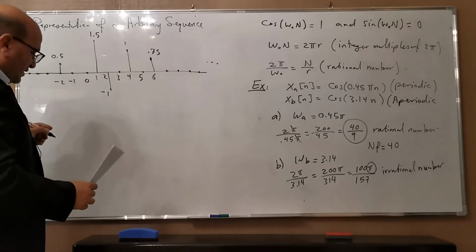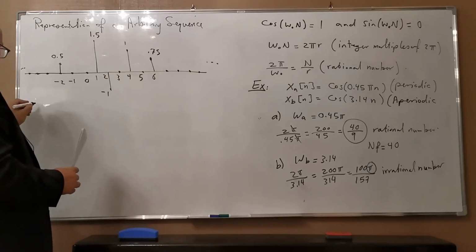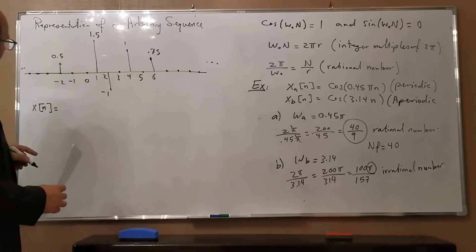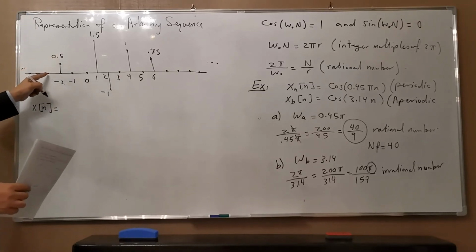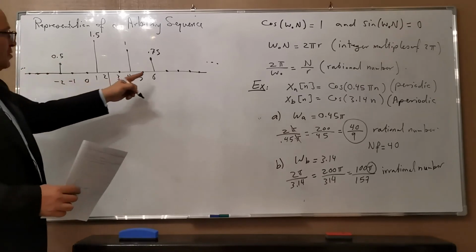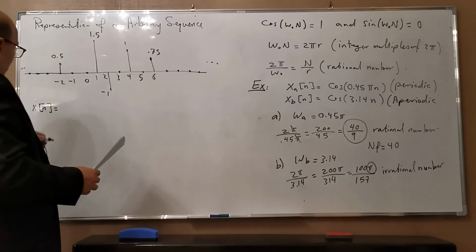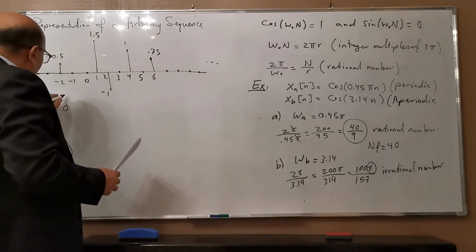I'm going to represent this in terms of shifted deltas. So I'm going to say that x of n is equal to this 0.5 here. Everything above 6 is 0, and below minus 2 is 0. So this is equal to a weighted delta.